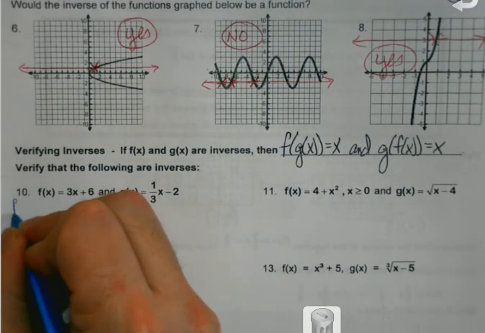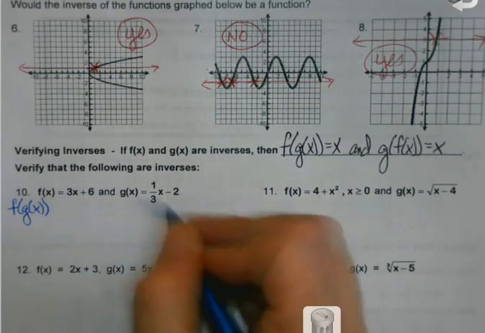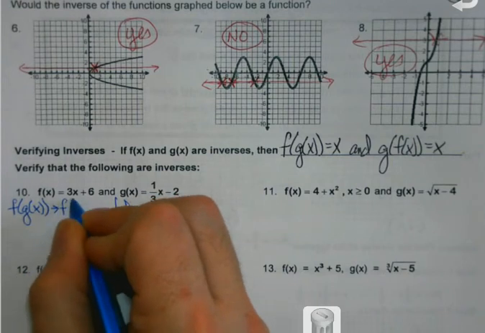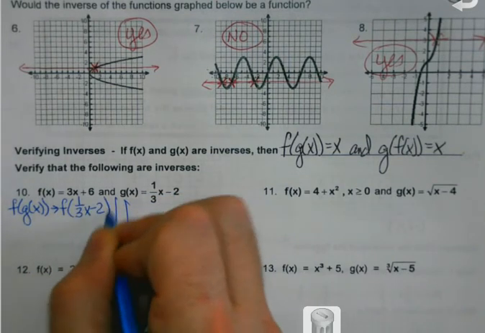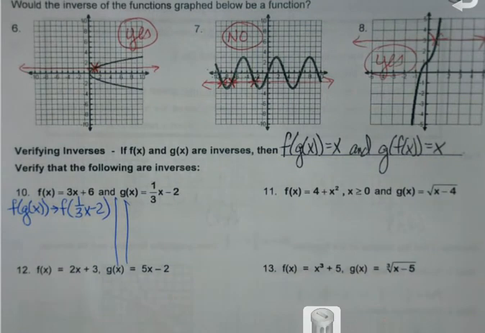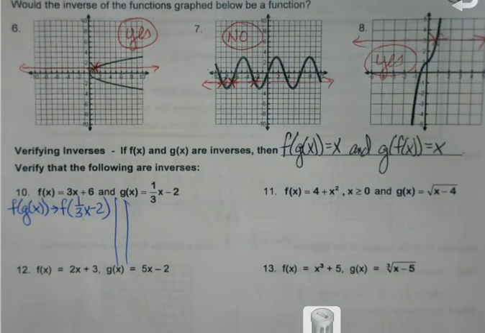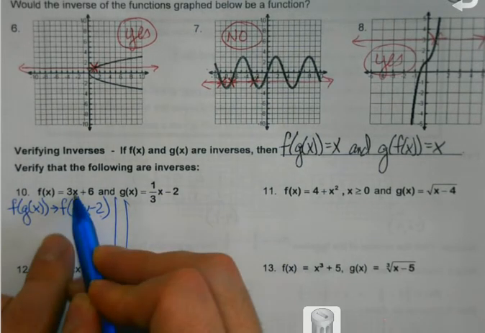So here's how this works. Okay, we're going to test out f of g of x first. Now, remember, f of g of x means it's f of, and I'm literally going to plug in that g of x function into f. Now, do I have to write it out this way? No, but I want you to see what I'm plugging in. So this is going in right there.